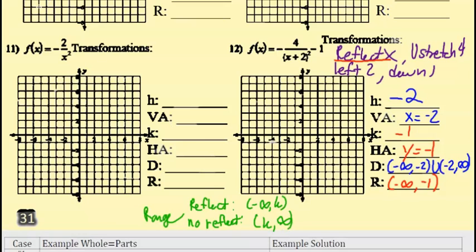Let's draw our asymptotes. So let's do the vertical asymptote at x equals negative 2. We have that right there. And then let's draw our horizontal asymptote at y equals negative 1.